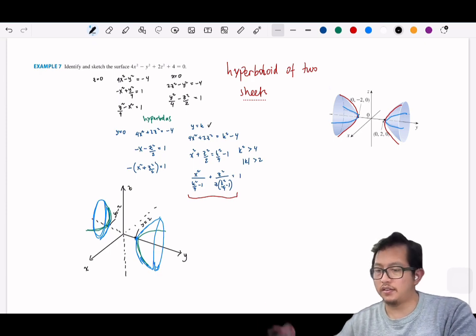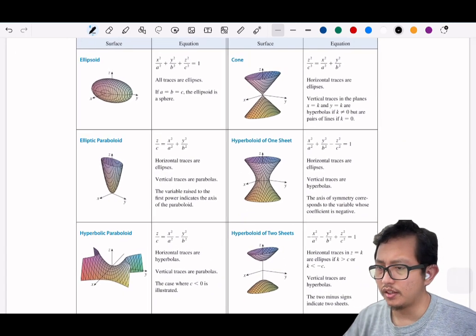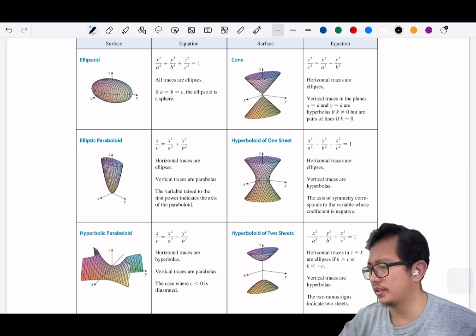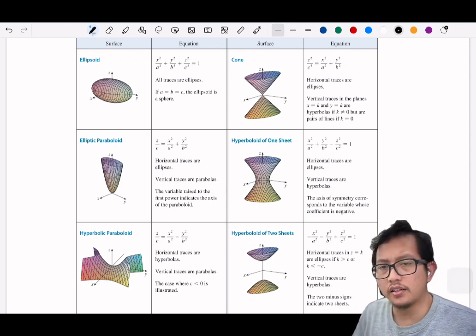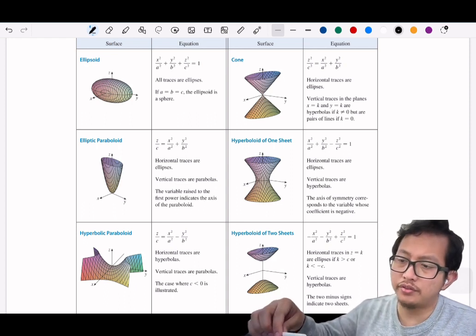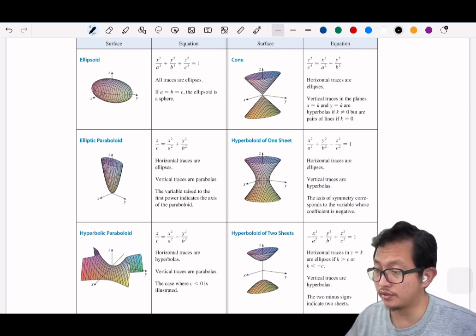Okay, so that's it, all the quadric surfaces. I hope you know how to trace them. Every time we have a surface that can be visualized, if you can visualize it through some picture, I think it's better to see the pictures that we usually have in chapter 14.